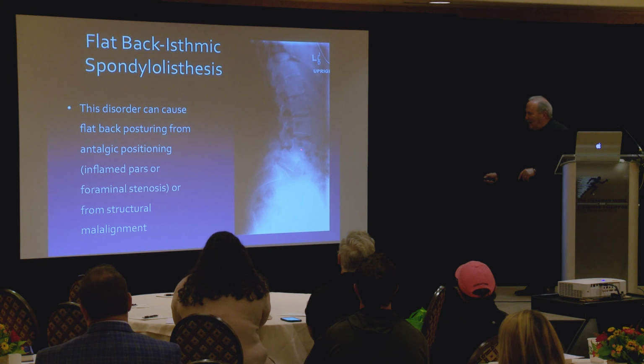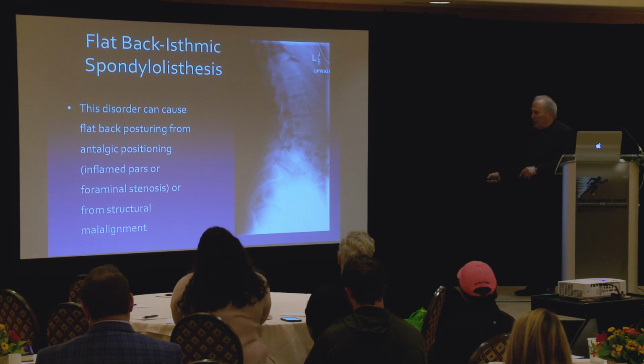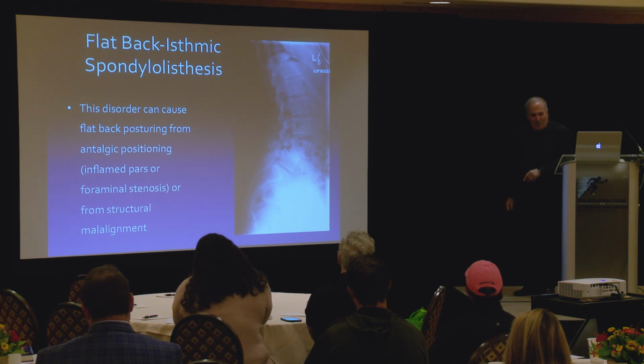And that break has allowed this vertebra to slip forward on this one. And that slip is caused by this defect. If you try and straighten up, what are you doing to the fracture? You're mashing it. It hurts. So what are you going to do? Bend forward. Well, how are you going to compensate? Bend your knees, right? Same presentation, different reason.